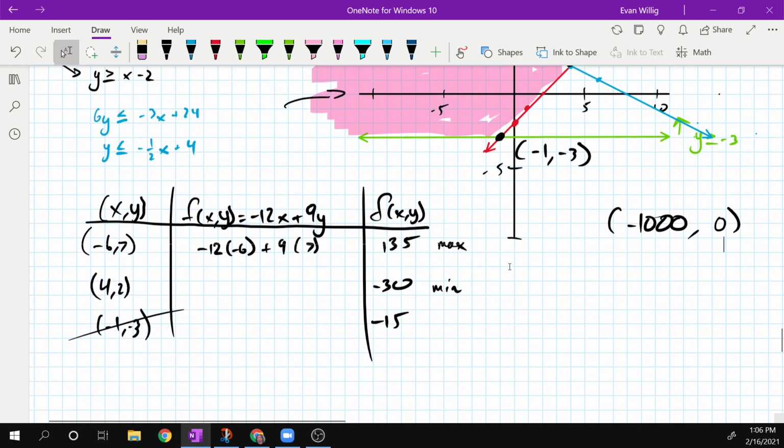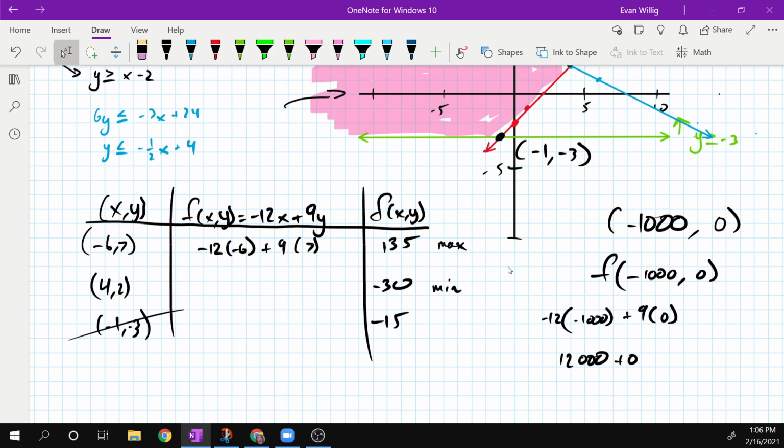And when I do that and plug it into f of x, y, I get -12 times -1000 plus 9 times 0. And what do I get? Well, 12,000 plus 0. So -1000, 0 is going to give me a function output of positive 12,000, which is definitely bigger than this max up here, so it is not a maximum.